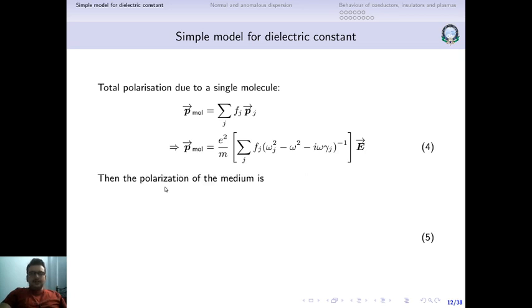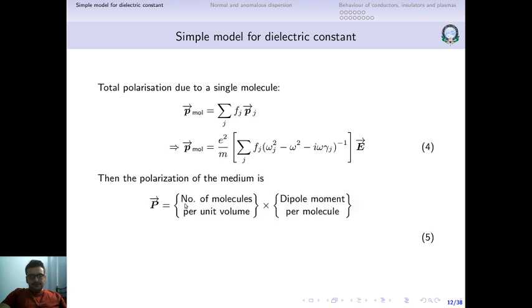So then the polarization of the medium. What is the polarization? Polarization is also known as the dipole moment per unit volume. So dipole moment per unit volume is simply the number of molecules per unit volume times dipole moment per molecule.